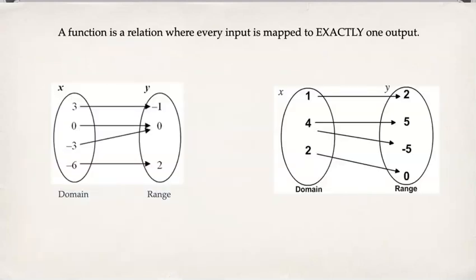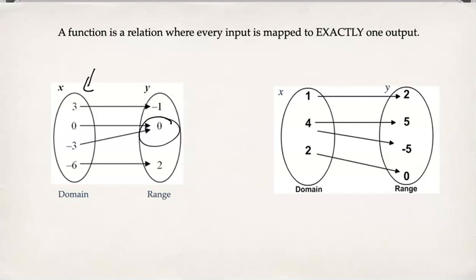So mathematically, if I am looking for something that is a function or is not a function, I am looking for every input to have a unique output. All right, so in this first example, 3 goes to -1, 0 goes to 0, -3 goes to 0, and -6 goes to 2. Every input is leading to only one number.